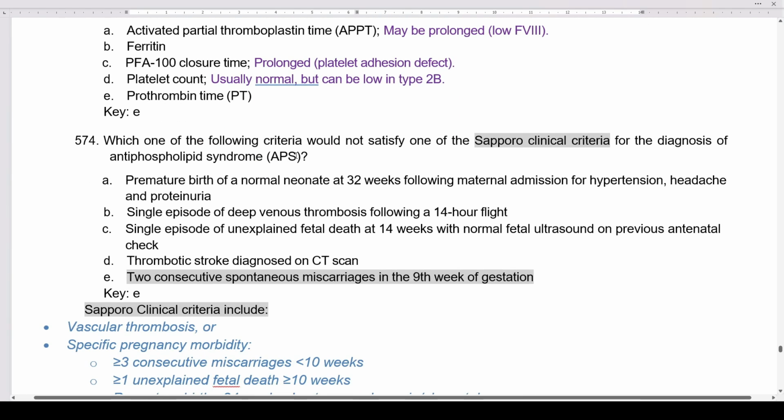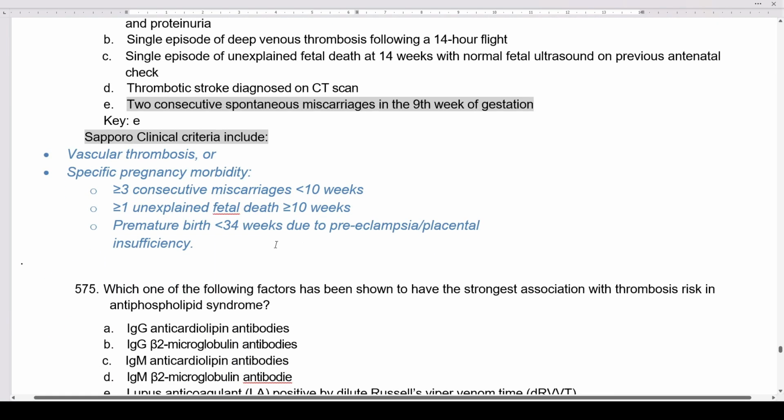Next is, which one of the following criteria would not satisfy one of the Sapporo clinical criteria for the diagnosis of antiphospholipid antibody syndrome? Okay, so in case of antiphospholipid antibody syndrome, first remember what the Sapporo criteria are. The patient has vascular thrombosis, be it arterial or venous, and or the patient has a specific pregnancy morbidity.